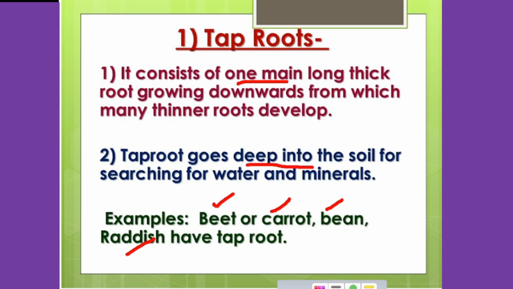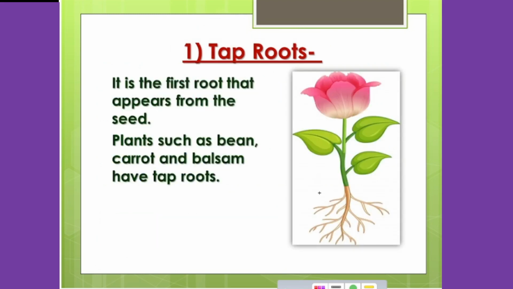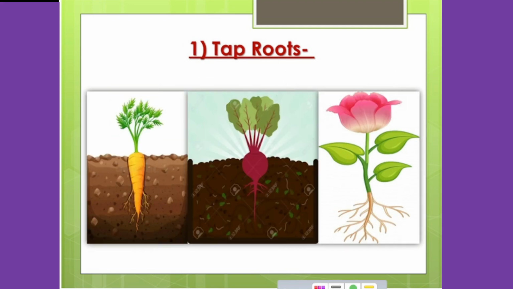radish have the taproot. Here you can see the example of taproot, that is the main thick long root, and small thinner roots are developed from that main root. Plants such as bean, carrot or balsam have the taproot.